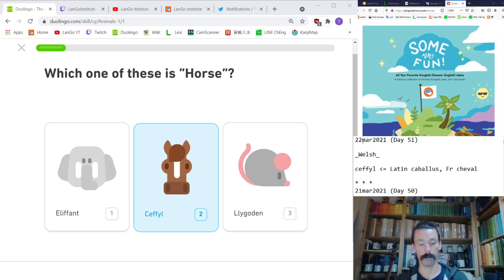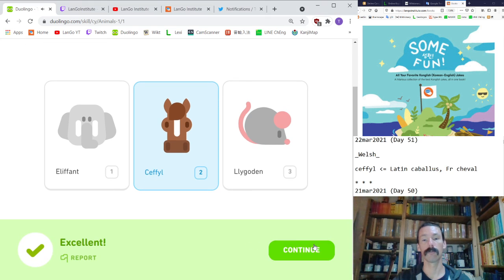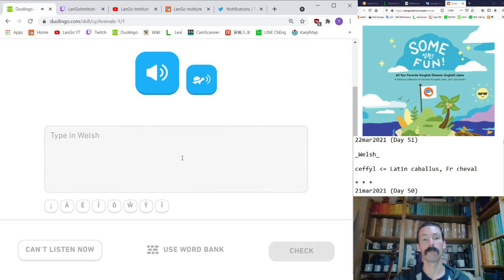Welsh, language of Wales, one of the kingdoms in Great Britain. And it's part of the Celtic family of languages within Indo-European, the superfamily to which English also belongs.